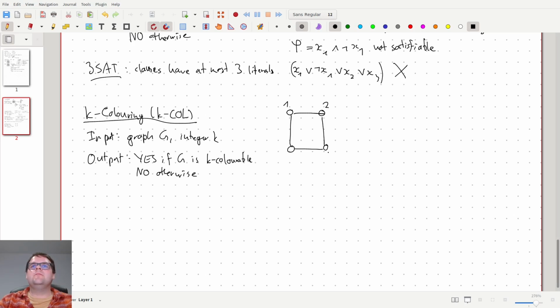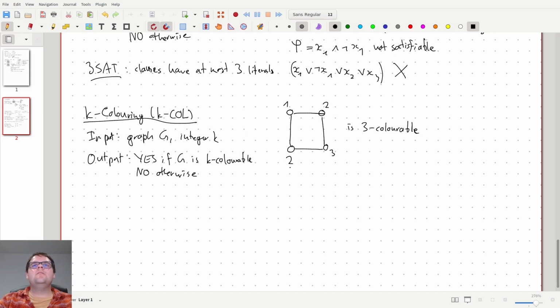Then we go to this node. This one can't have 2 because it's adjacent to this one, so let's give it color 3. And then this one can't have 1 and 3, but we can give it color 2, right? So we found a coloring that uses 3 colors. So that means this graph is 3-colorable, right?